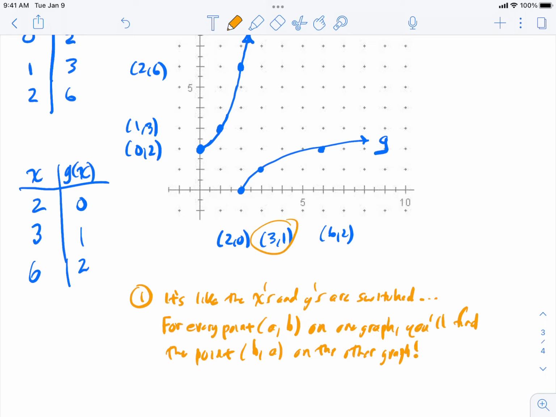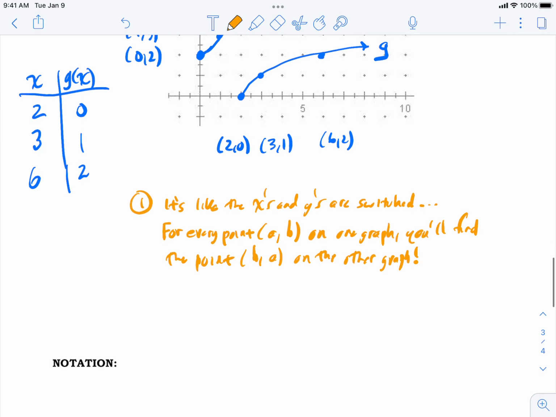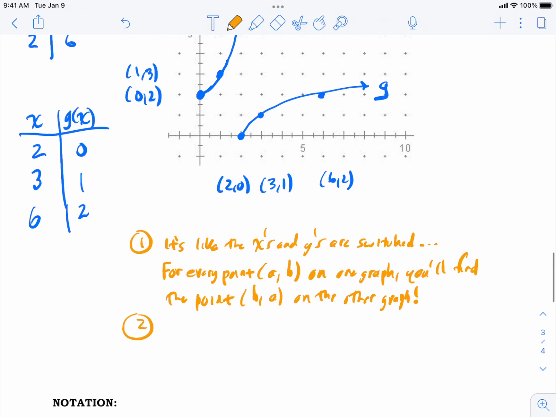I got (3, 1). I got (1, 3). So whatever you make up, (a, b) becomes (b, a). It's like (x, y) becomes (y, x). So that's actually cool. That's big.